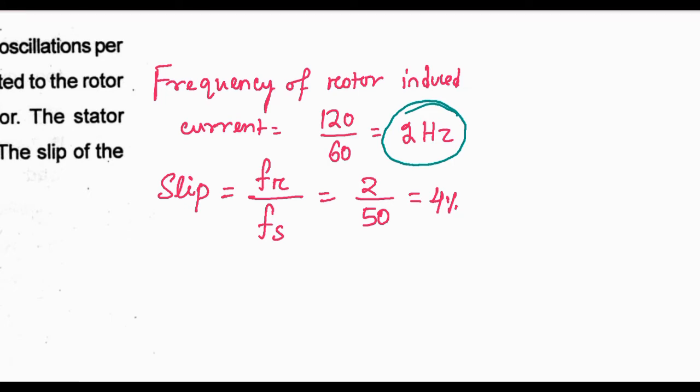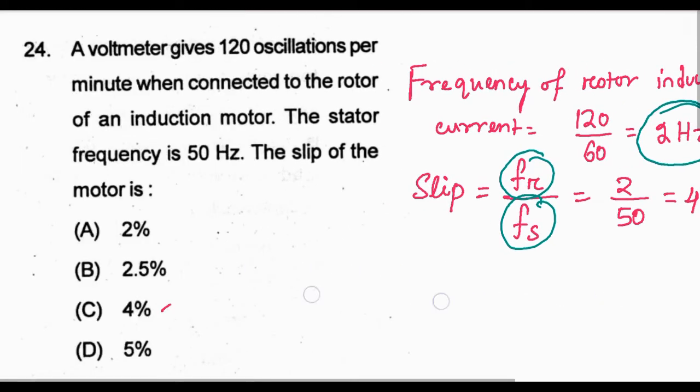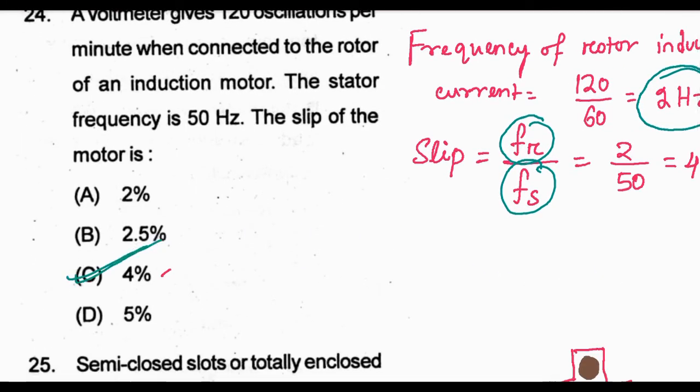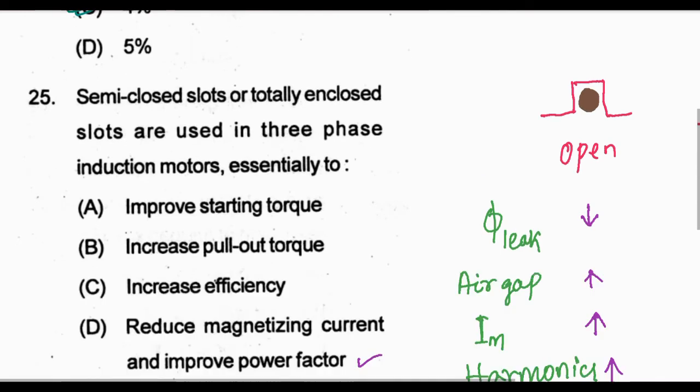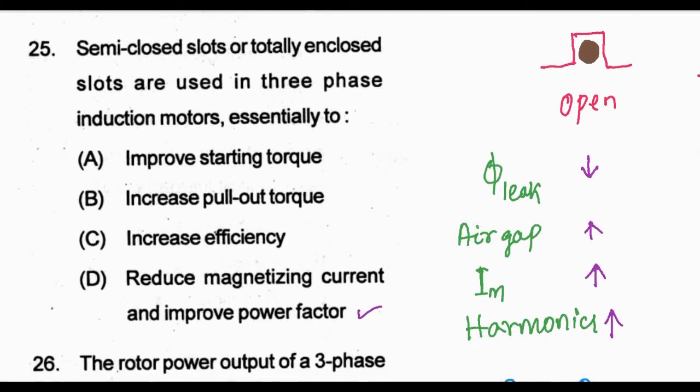Slip is the frequency of the rotor by the frequency of the stator, that is 2 by 50, that is 4%. Option C.